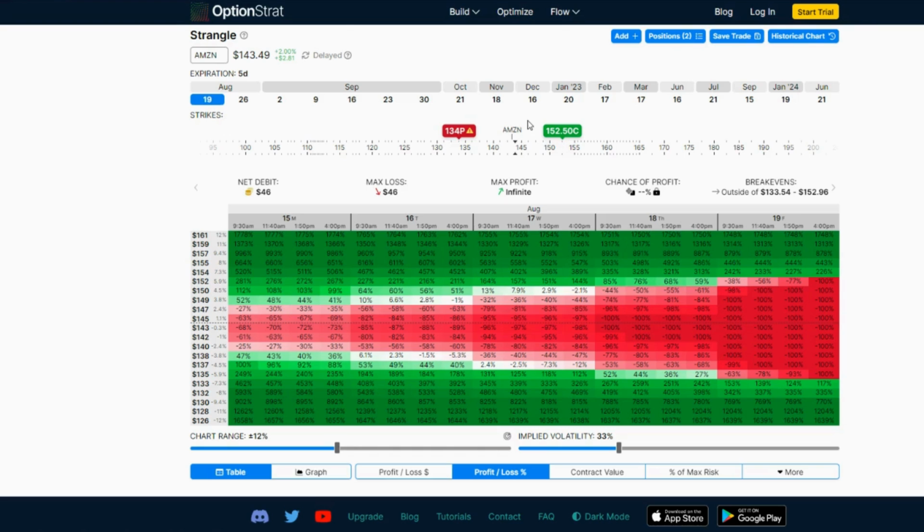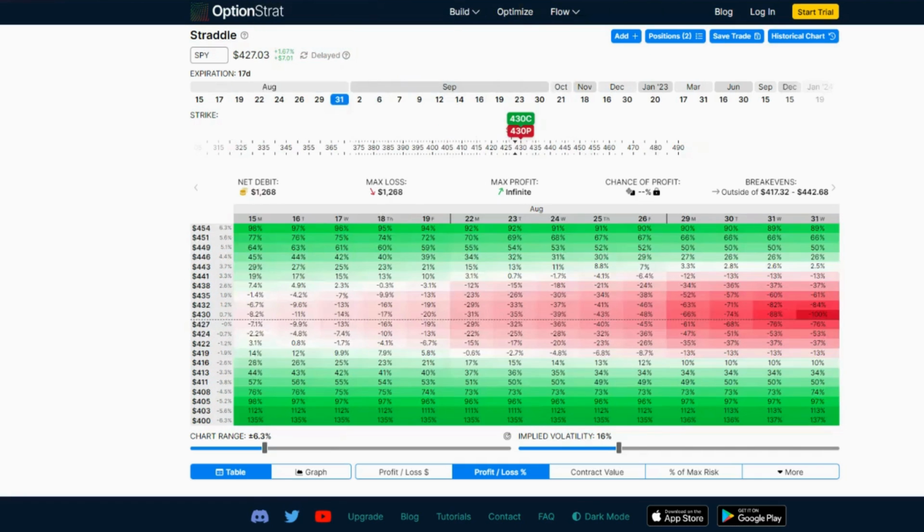I like playing these cheaper plays for a chance at higher percentages. But if you get no movement, you can lose the entire value. Unlike a straddle, where if you get no movement, you're still not losing your entire value until the very day that the contracts expire.